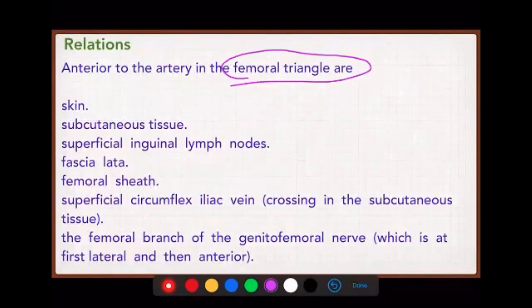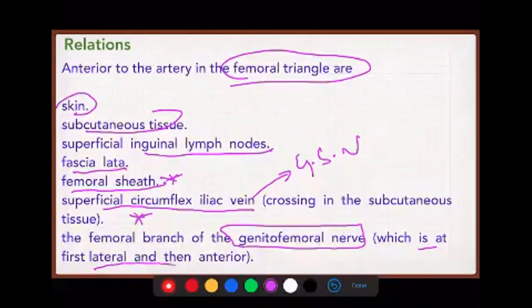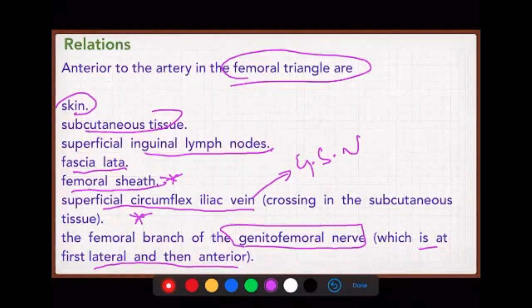In the femoral triangle, the relations are skin, subcutaneous tissue, superficial inguinal lymph nodes, fascia lata, femoral sheath, and the superficial circumflex iliac vein, which drains into the great saphenous vein. The femoral branch of the genitofemoral nerve is at first lateral and then anterior to the femoral artery within the femoral triangle.